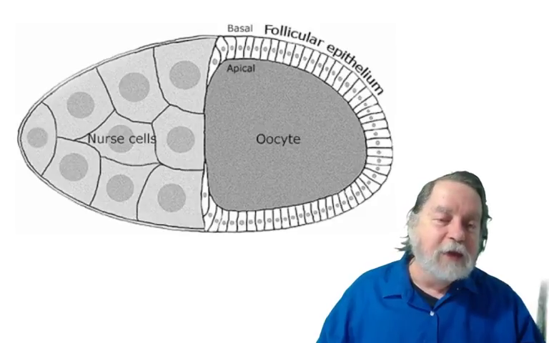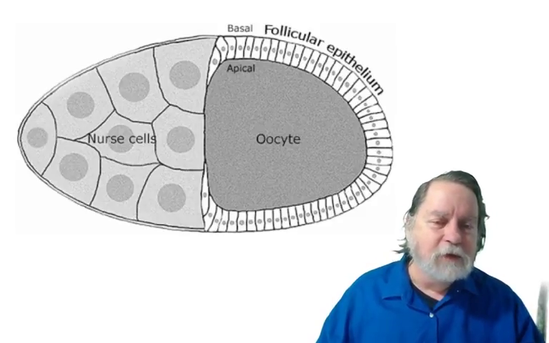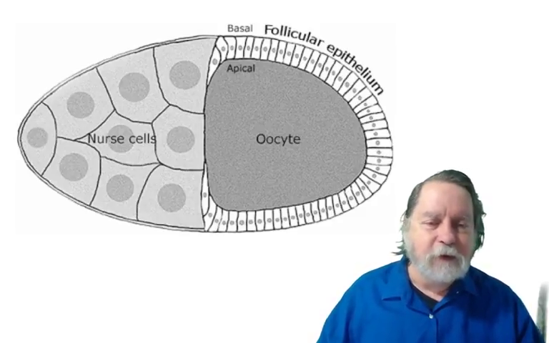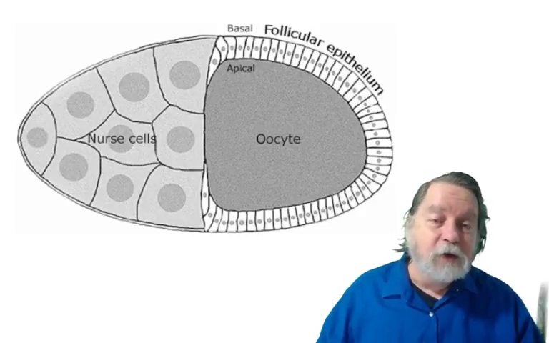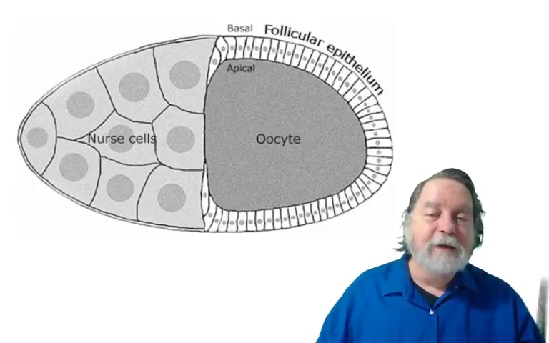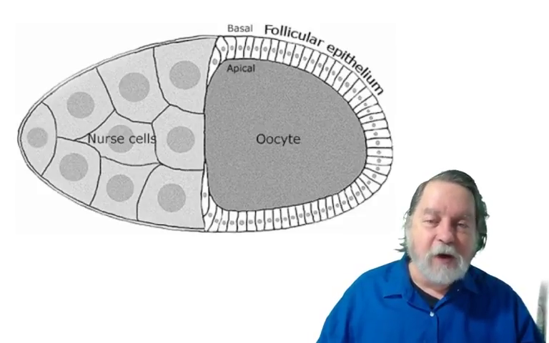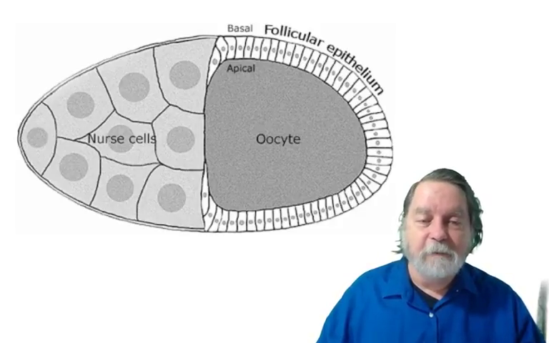It's pumping in things like yolk proteins, so just food for the embryo. But also it's pumping in informational macromolecules like RNA, like bicoid. So bicoid is being pumped from the nurse cells into the oocyte, and that's where this asymmetry becomes really important, because the bicoid RNA gets localized to just one end of the oocyte.